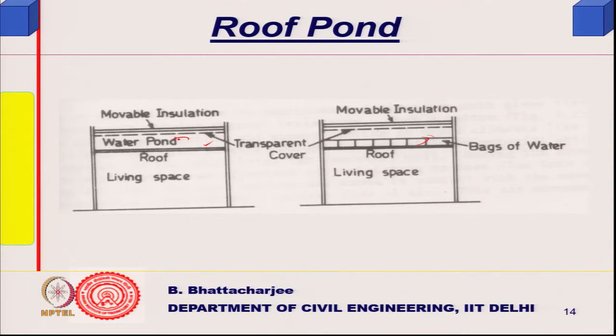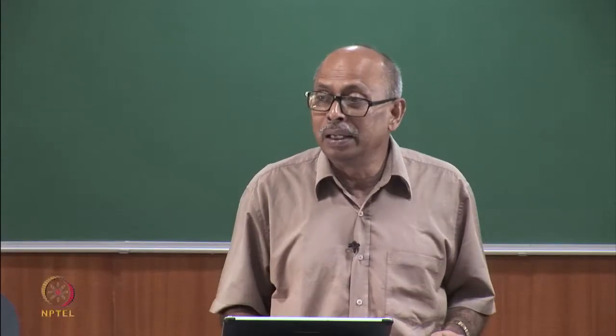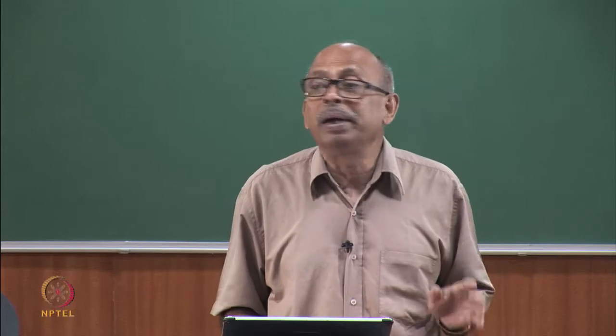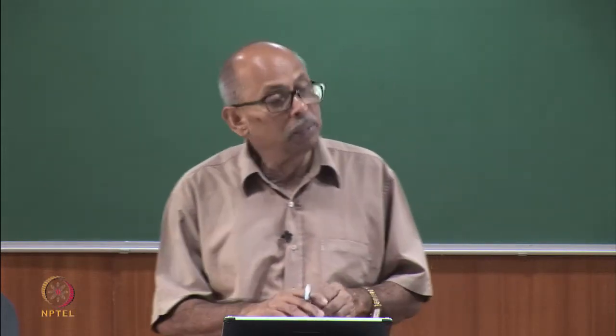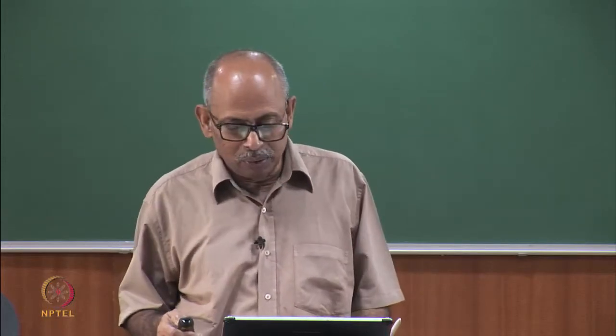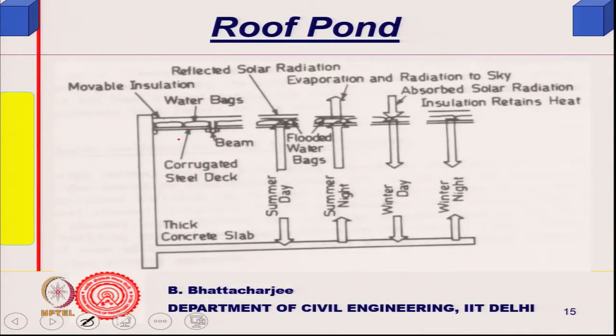If it is a hot dry desert climate, it might be a fairly useful thing, but then you have to have water, and then waterproofing of the roof. So all kinds of things, water bags filled with water to absorb solar radiation.